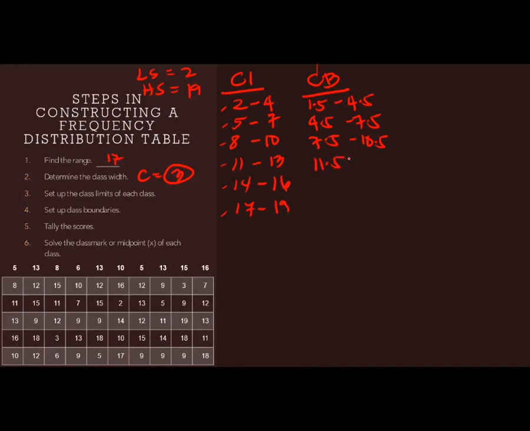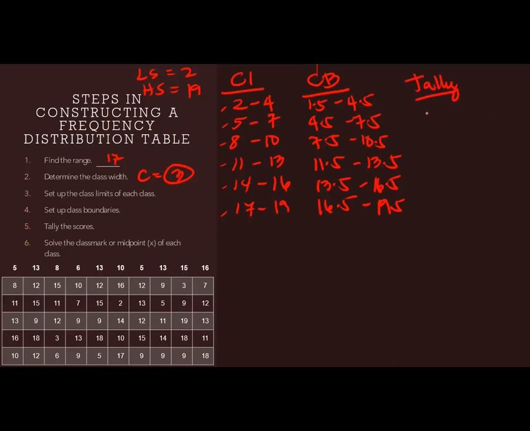Then 10.5 to 13.5. Then 13.5 to 16.5. Then 16.5 to 19.5. So this is our class boundaries. Next step that we are going to do is to tally.